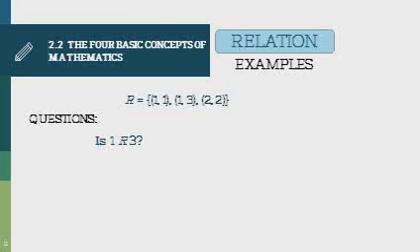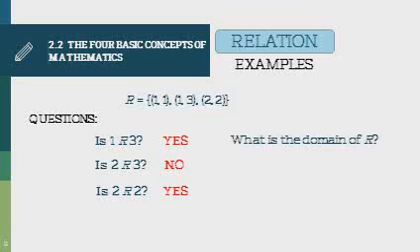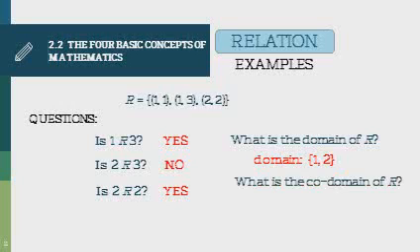So what is the domain of R? The domain is 1 and 2. Okay. What is the codomain of R? Codomain is 1, 2, and 3.